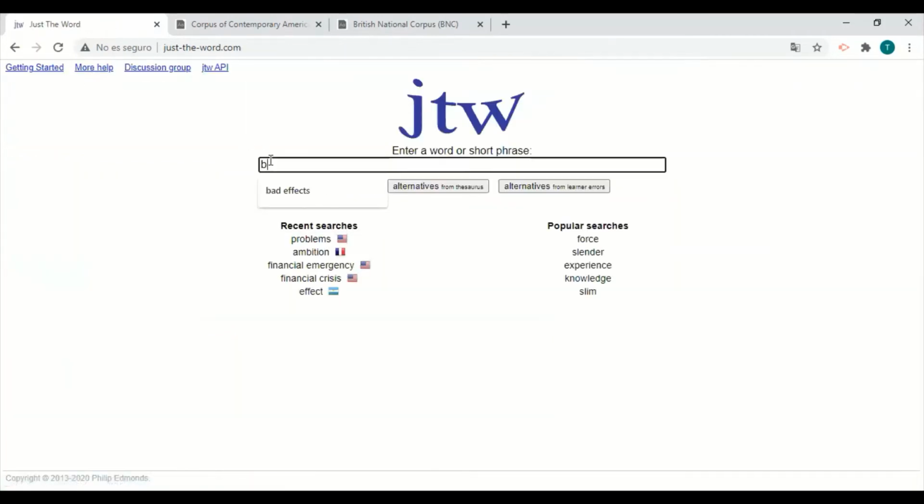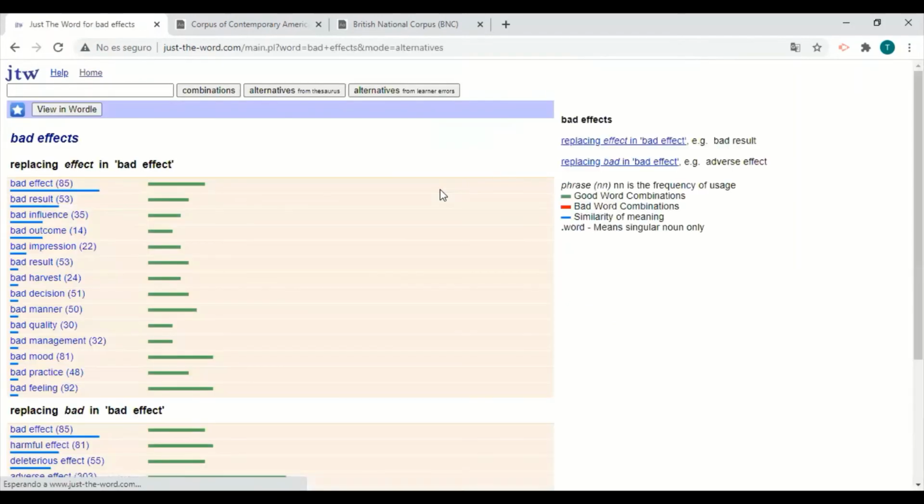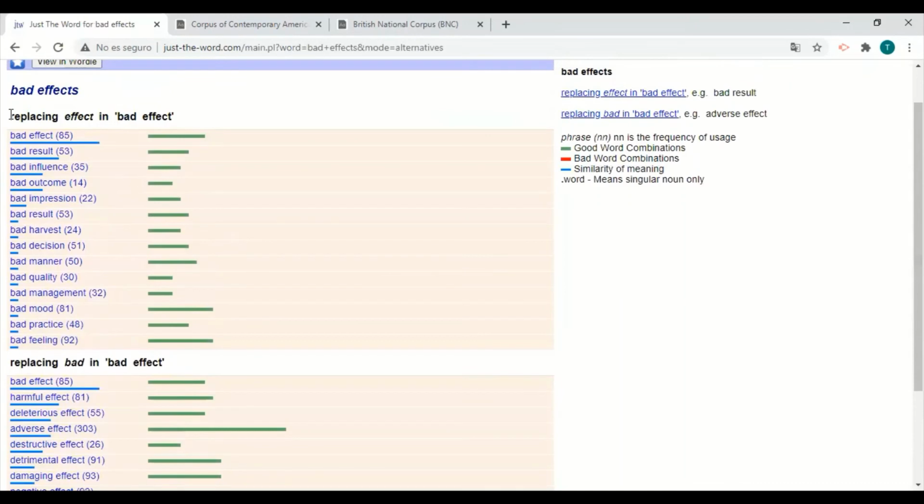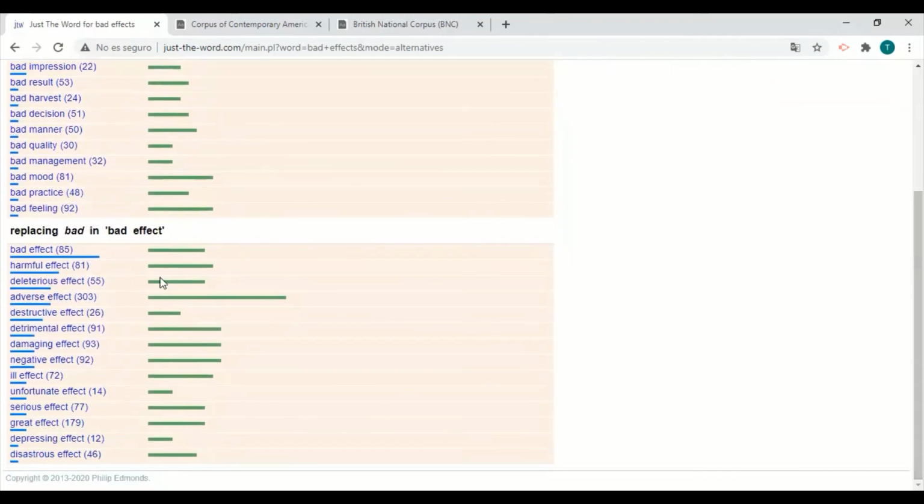Imagine that you have the phrase bad effects, but you want to change the word bad. That's when you can click here, yes, in alternatives. So let's check that. Here we have two parts, replacing the word effect in the phrase bad effect and replacing bad in bad effect. This is what we are interested in, right?